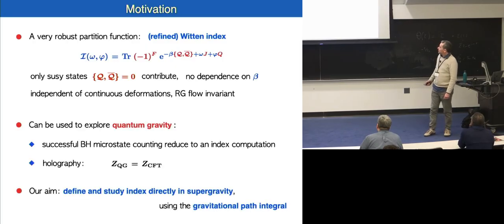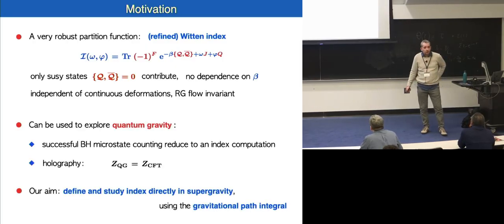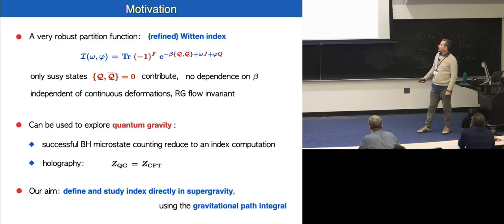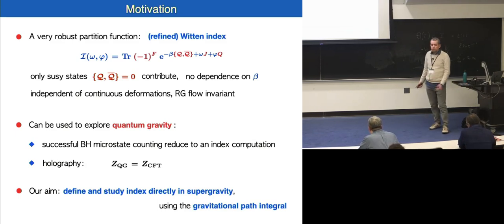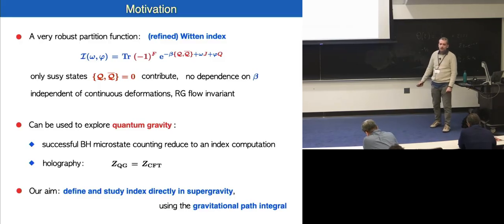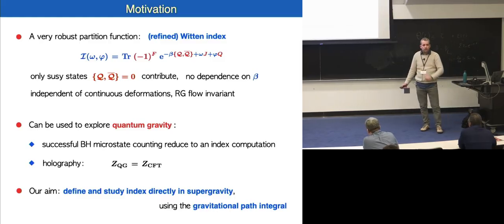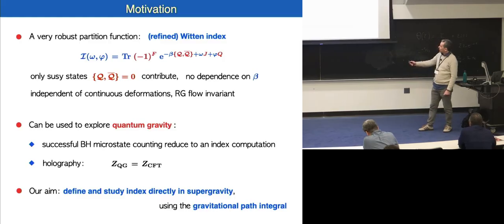So this can be used to explore quantum gravity. Indeed, any successful black hole microstate counting eventually is based on a version of these indexes, so it's based on an index computation, and in one way or another uses a version of holography where the quantum gravity partition function is mapped into a conformal field theory partition function where we know, at least in principle, what is the Hilbert space and what is this trace that in principle is not so well defined in gravity.